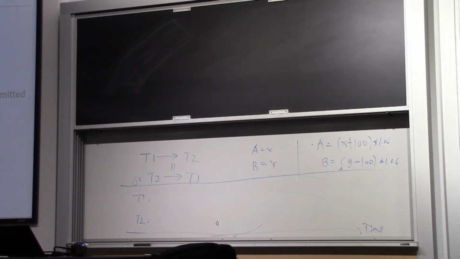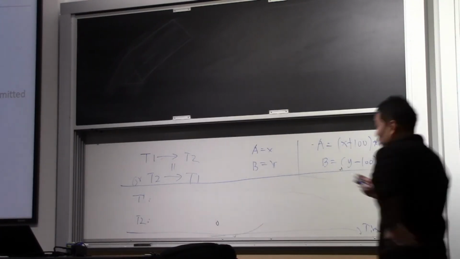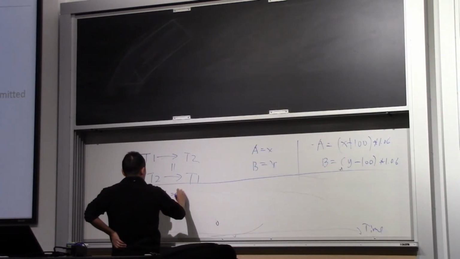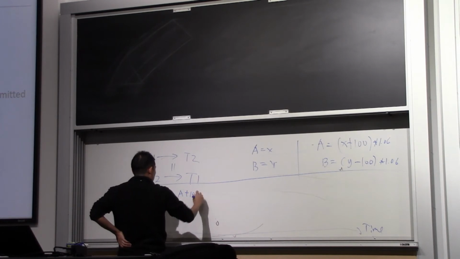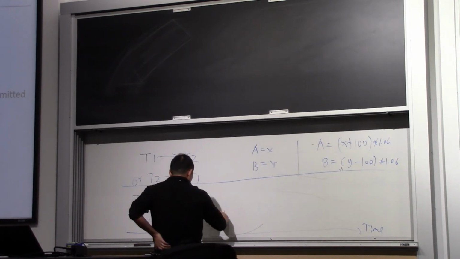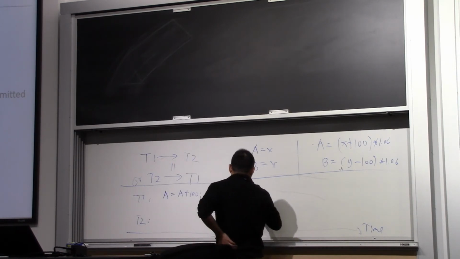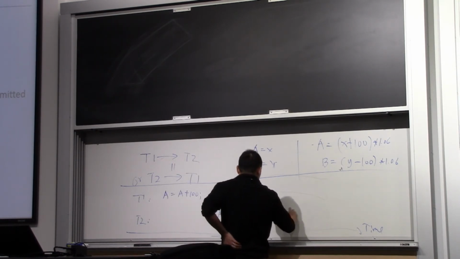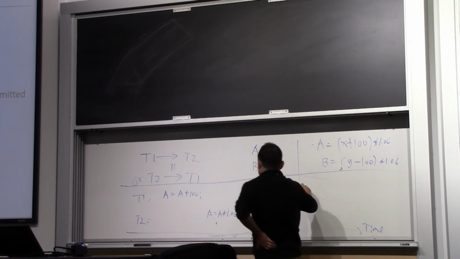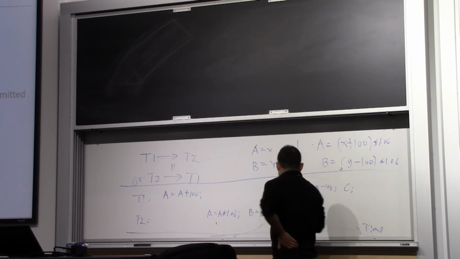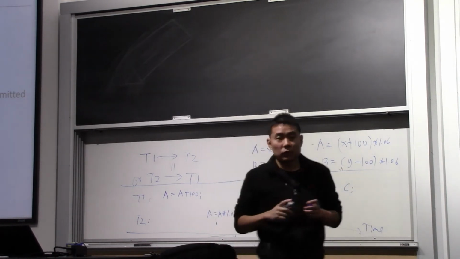So why don't you do this for us? Interleave actions, improve performance, and I say, fantastic, I will do it. So if the bank asks me to do it, what I will do is the following. Okay, that's what I will do.